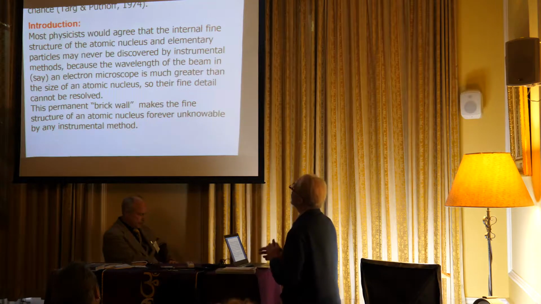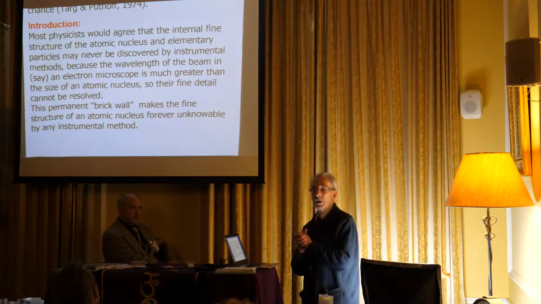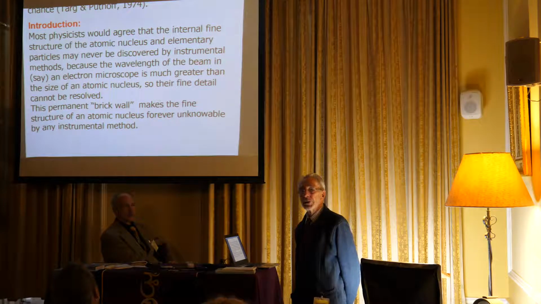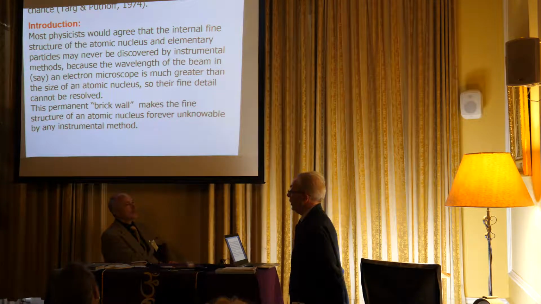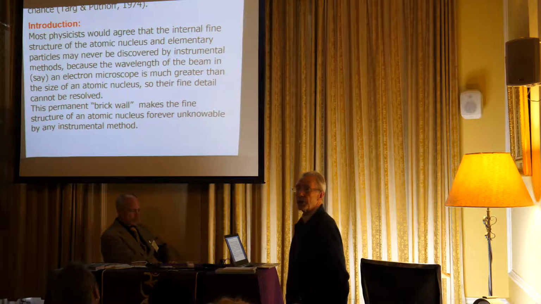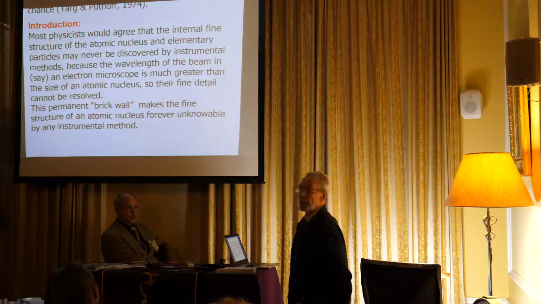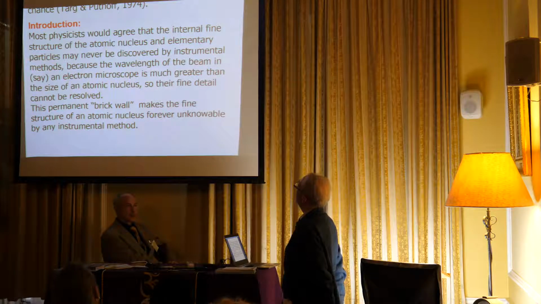Most physicists would agree that we can never get to know the internal structure of the nucleus of the atom. It's far too small for any optical method or electron microscope or any other method to see what's inside there. So we can never see the fine detail of what's inside the nucleus of the atom.